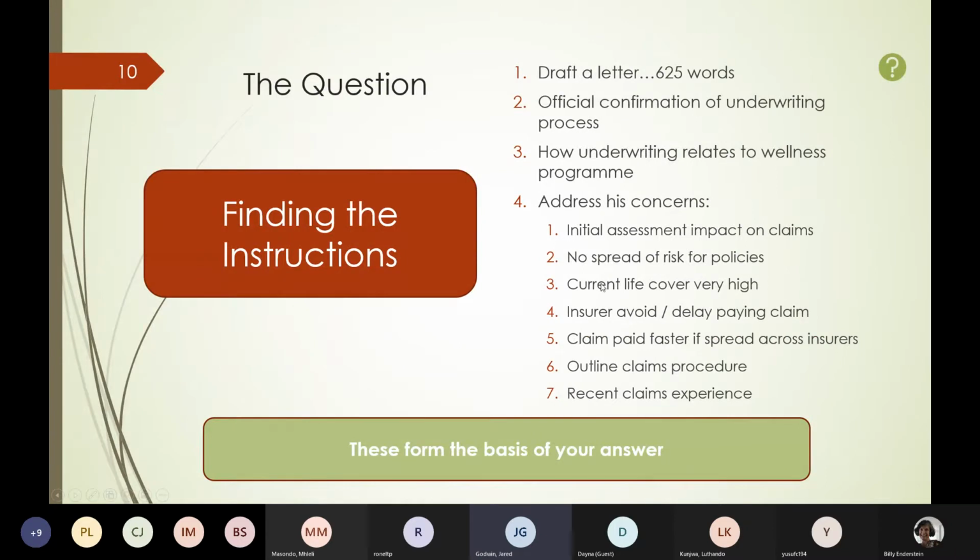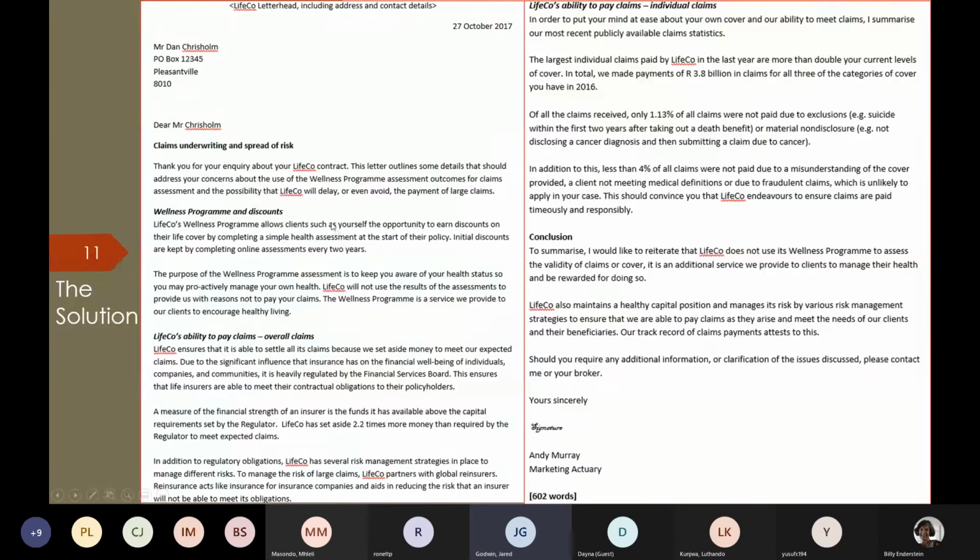If I show you how this is laid out, the claims and underwriting spread of risk. What the objectives will say in my spreadsheet will be something along the lines of: will the client understand how his wellness program relates to the claims underwriting? And if your solution has tackled that area, you would get 3 marks or whatever it may be. It's typically 2 or 3 marks for that.